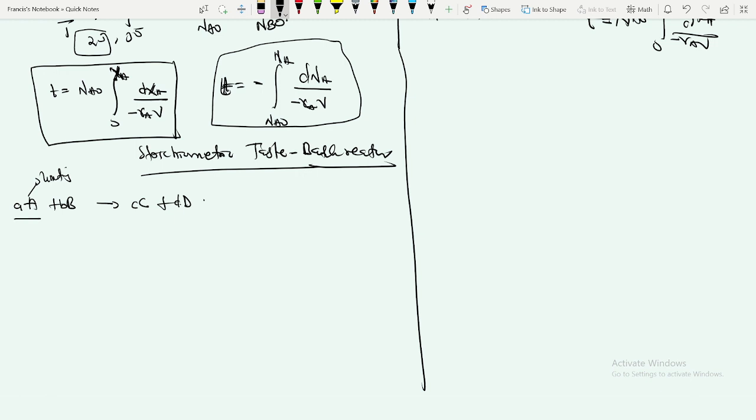Right? So we just have to divide through by a, by a, by a, and by a here. So now we are left with A plus b over a B going into c over a C plus d over a D. Right? So this is now what you'll actually be working with.